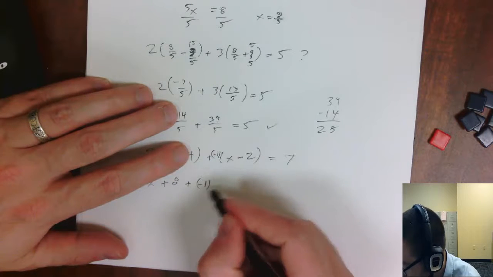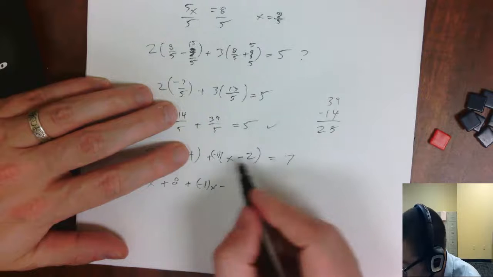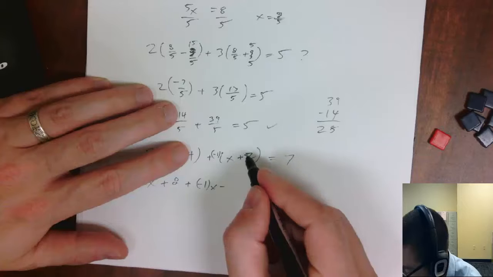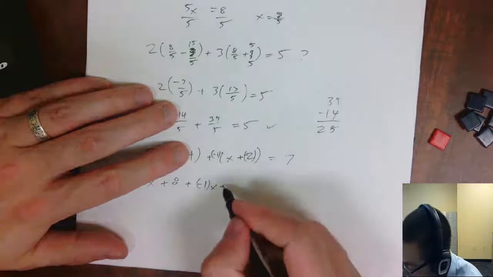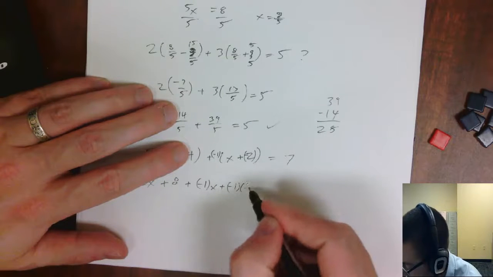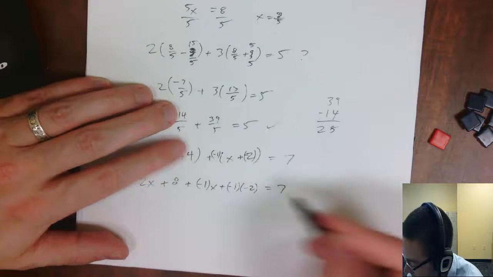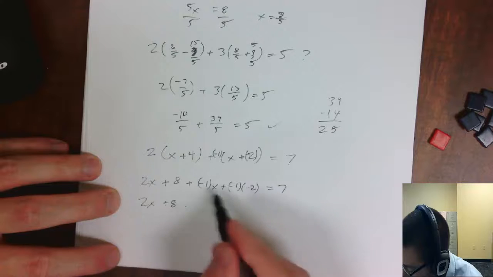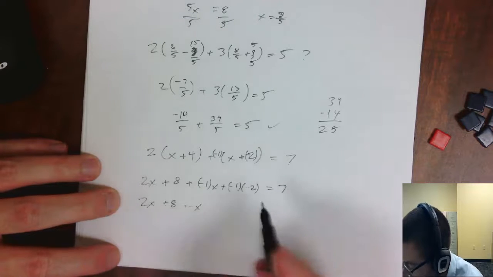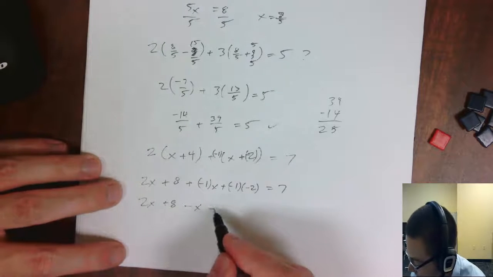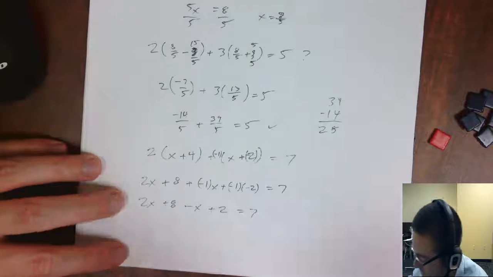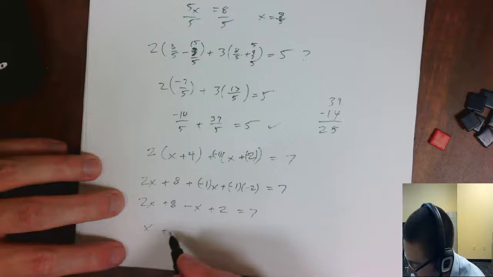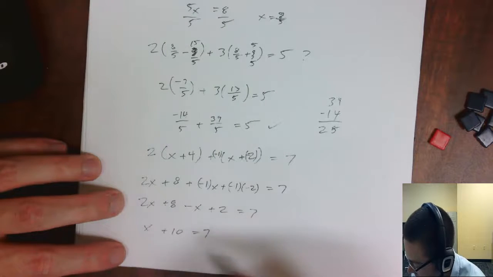So two ways to think about it: negative 1 times x minus, so turn this into adding the opposite, plus a negative 2. So plus negative 1 times negative 2 equals 7. So 2x plus 8. Negative 1 times x is just minus x. Negative 1 times negative 2 is positive 2. And combine like terms, so I get x plus 10 equals 7.